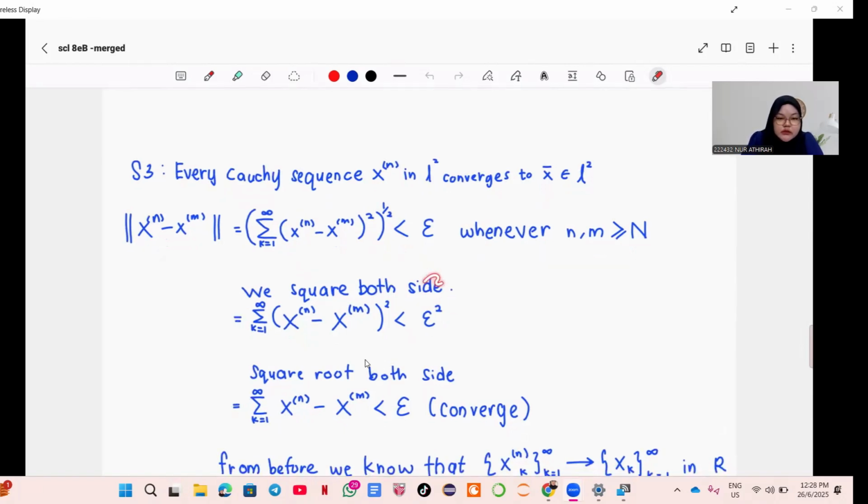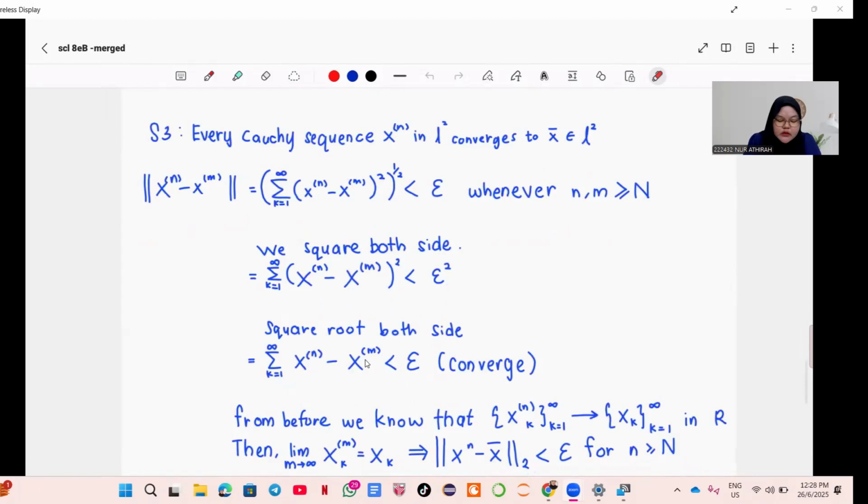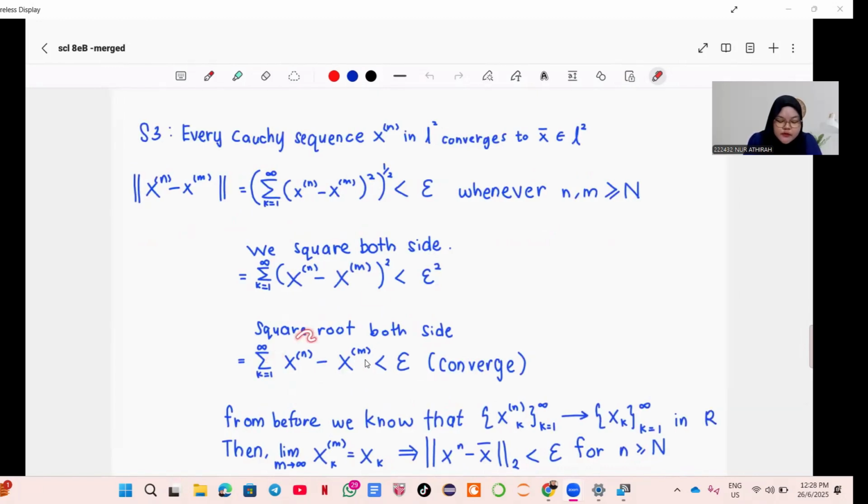So from here, the answer will be the summation of (Xn minus Xm) to the power 2 less than epsilon to the power 2. Next, we square root both sides. Then the last answer we will get is the summation from k equals 1 of Xn minus Xm less than epsilon. Here we show it converges.